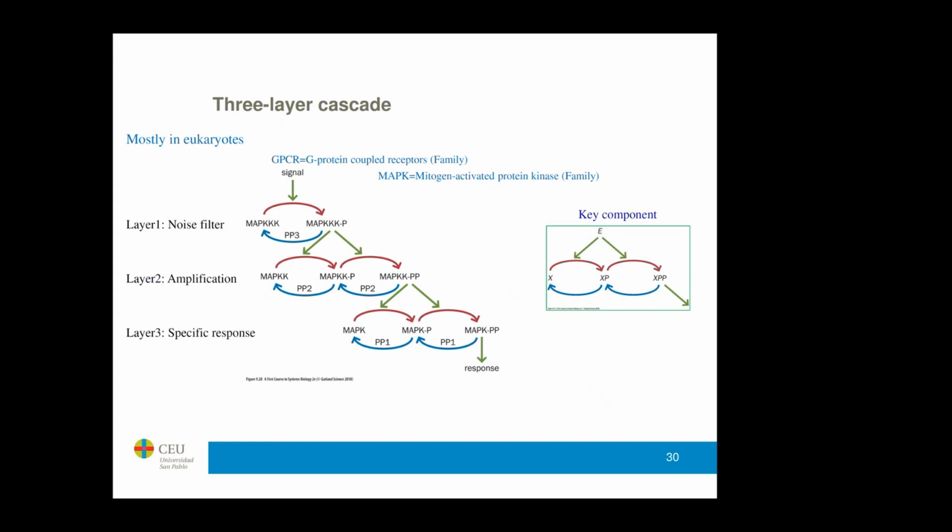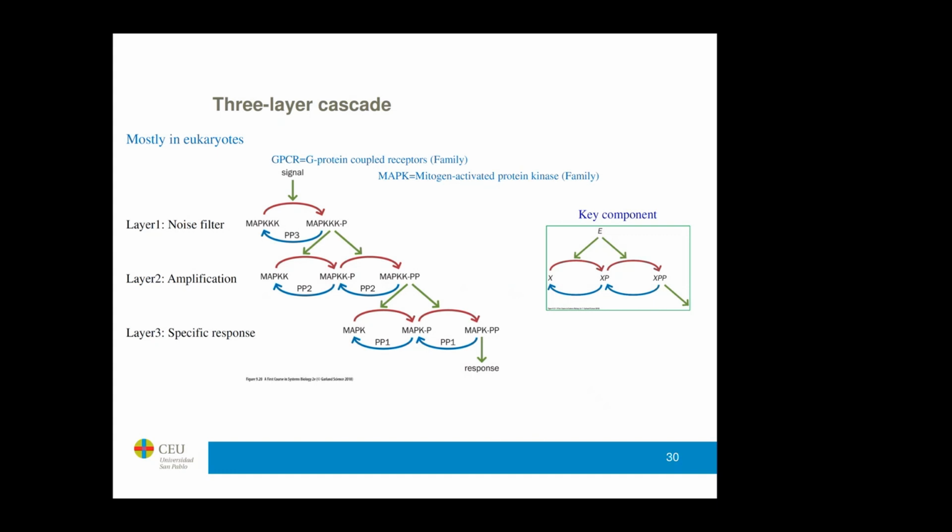And eukaryotes use a similar one. The process is also just phosphorylations, but instead of having 2 layers, it has 3 layers. And this layer in between is an amplification of the signal. So let's say that you have a very weak signal here, a very low concentration of anything, and then this is amplified in this layer.